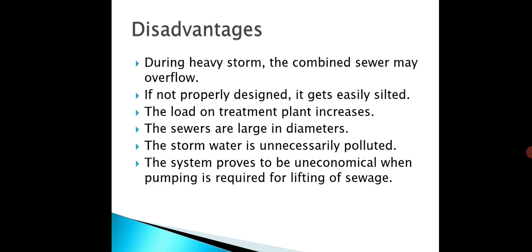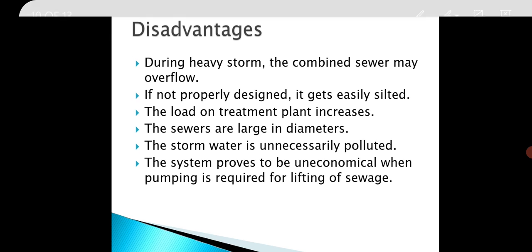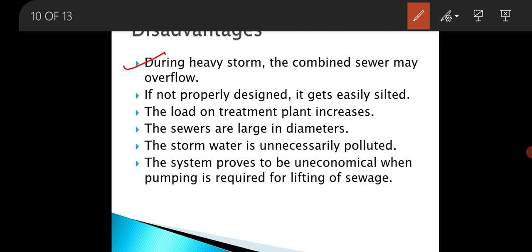Next is, what are the disadvantages of this type of system? So first one is, during heavy storm, the combined sewer may overflow and it may prove to be dangerous for public health.